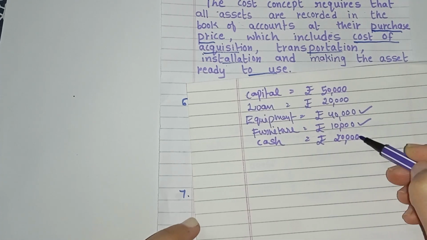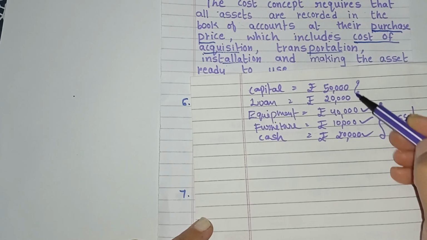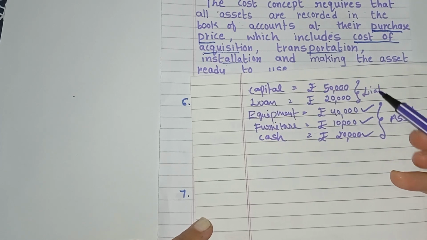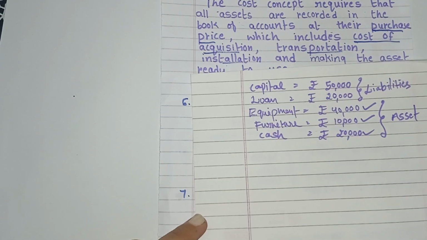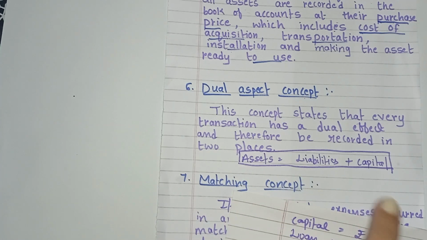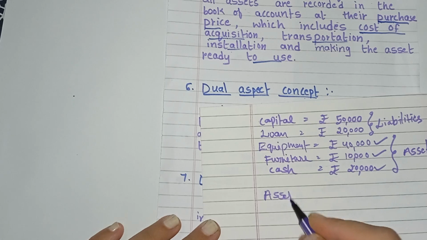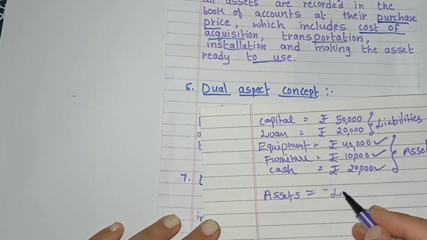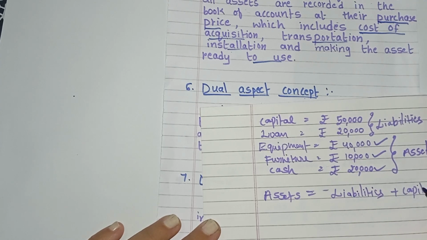In this problem, see, equipment, furniture and cash all three come under the head assets, and the loan is a liability. What is the equation? Assets equals liabilities plus capital.